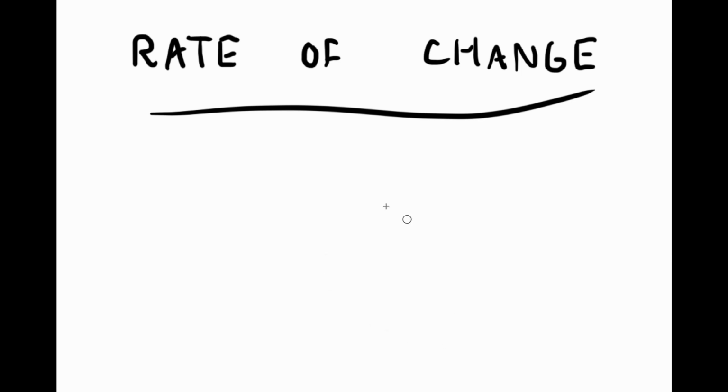So the point of rate of change is basically to determine how fast f of x is changing at x equal a. This could be any value, like x equals 4, x equals 5, just like with the limit problems.